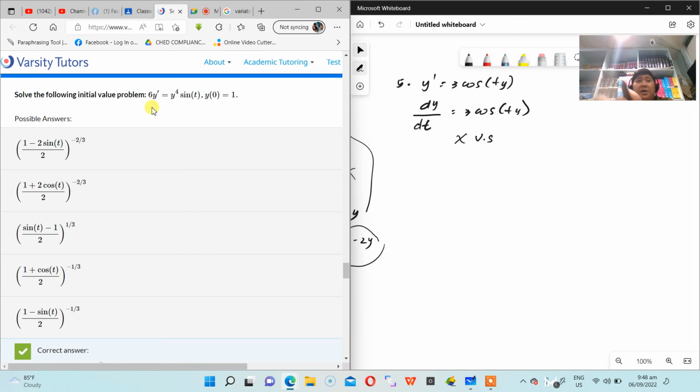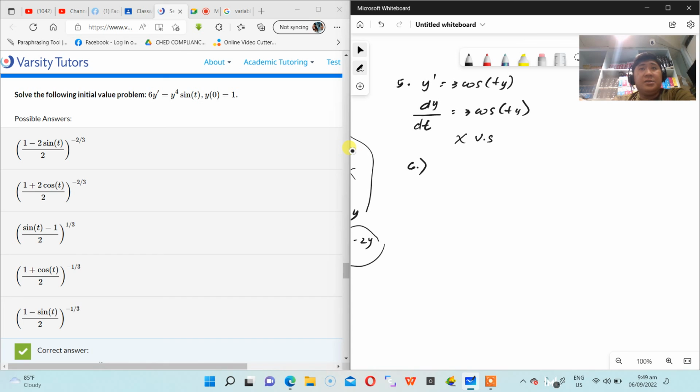Initial value problem means the initial values are given. Meaning, you solve for a particular solution. So it's the same: solve for the initial value problem means you are trying to solve for the particular solution. Don't get confused, it's the same.